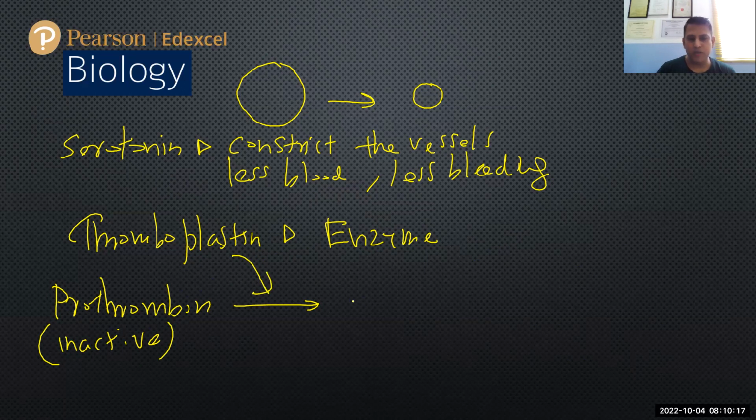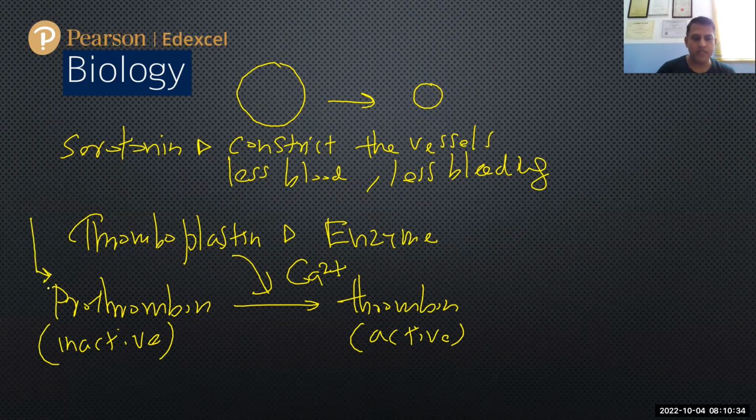It converts prothrombin into thrombin. Thrombin is the active form. And this reaction needs calcium as a cofactor. Also important to understand, prothrombin synthesis requires vitamin K. So vitamin K is not directly involved in the cascade, the clotting process, but vitamin K is important to synthesize prothrombin.